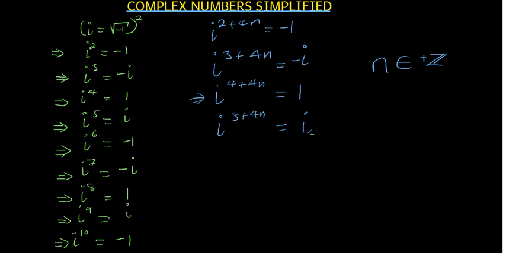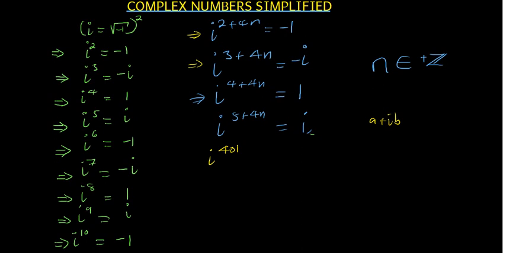So say we've been given to write i to the power 401 in the form a plus ib. How do we go about it? So again, we equate it to this portion, and the one which gives us the value of n being a positive integer is the one that gives us the value.